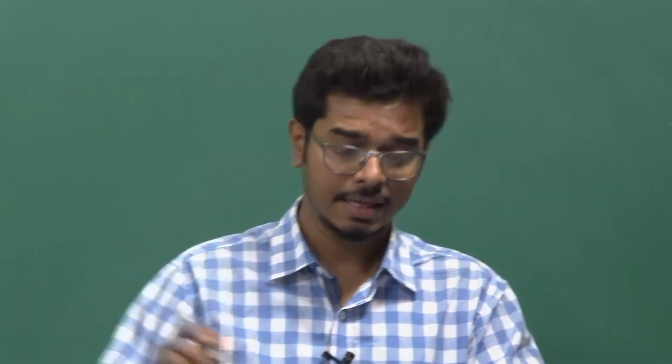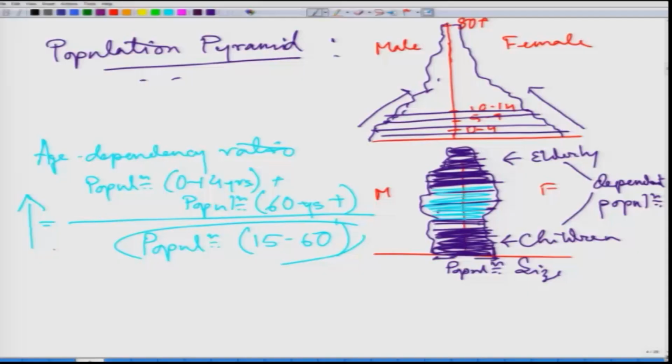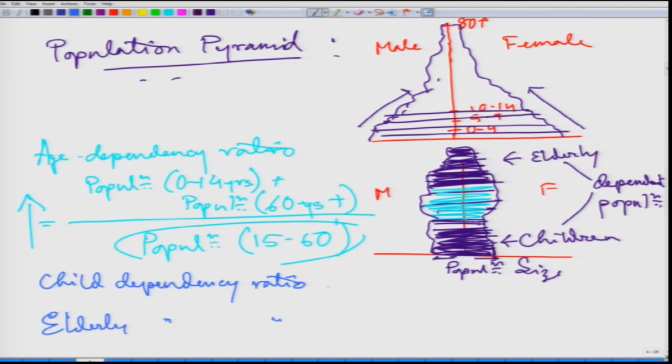One, I say the child dependency ratio, and elderly dependency ratio. Child dependency ratio is high in low and middle income countries.